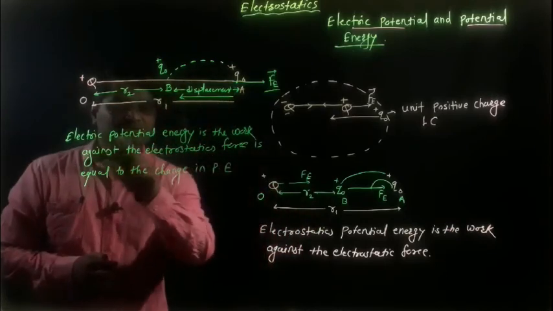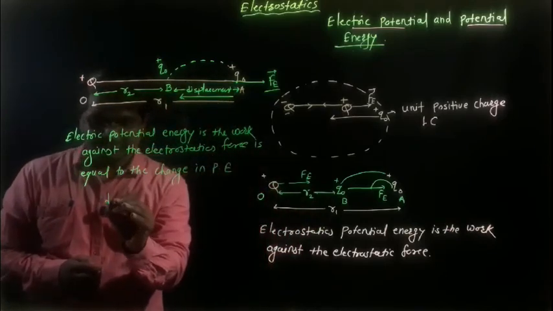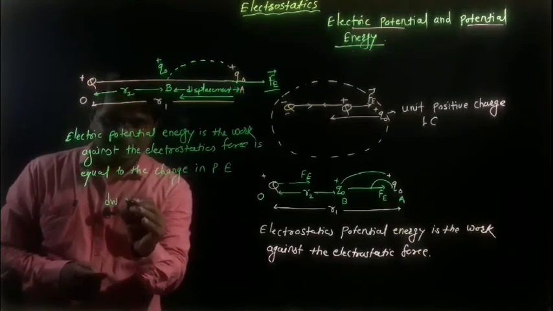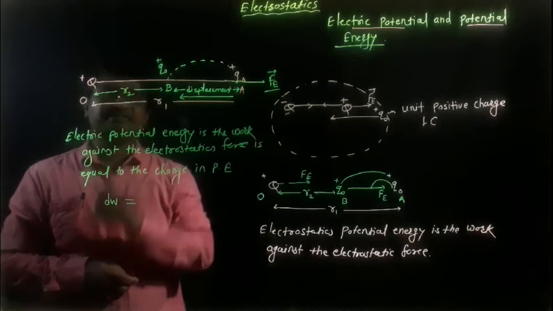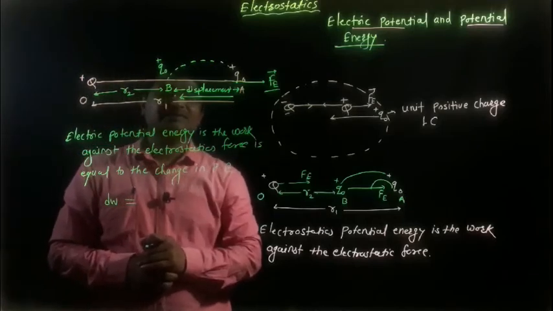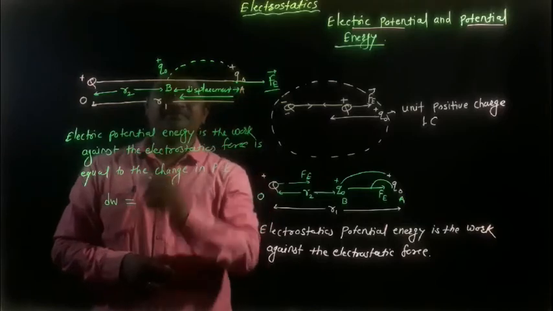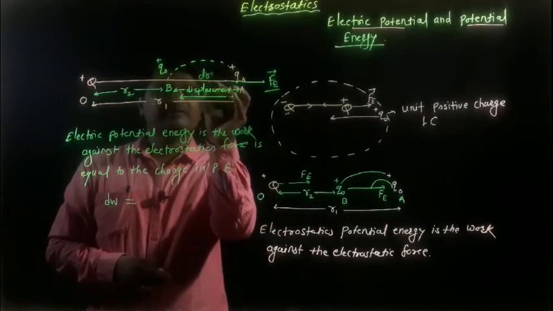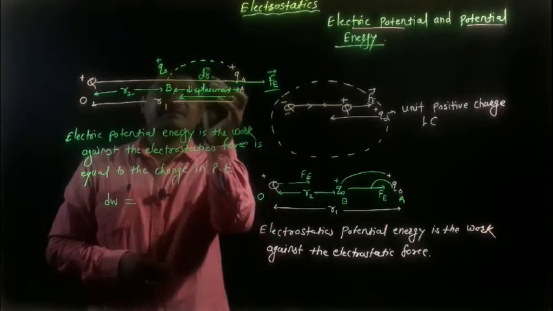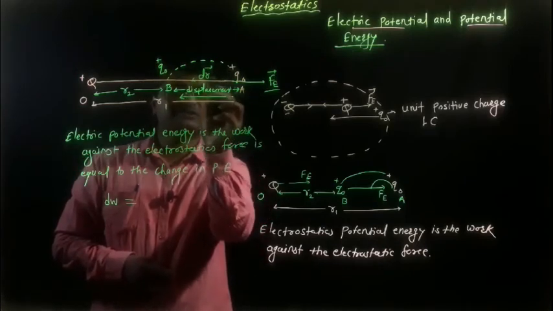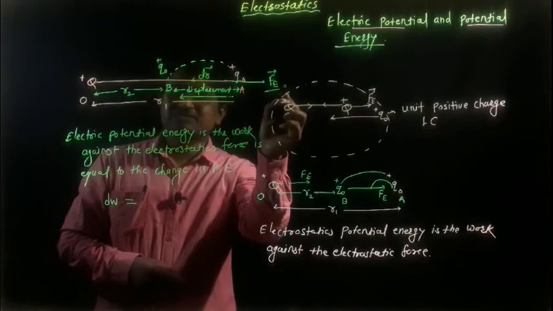It means that work is necessary, and imagine this work done is denoted by dW. Let's see, when the object moves from A to B, imagine that the displacement is denoted by dr. This is the direction of displacement and this is the direction of force.